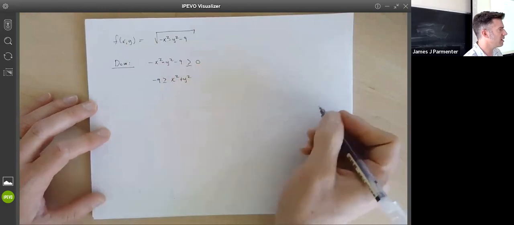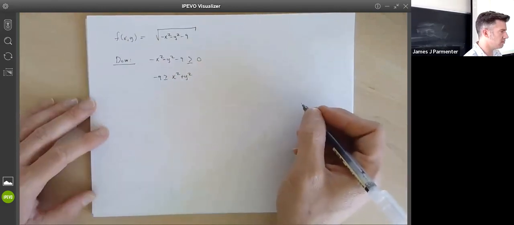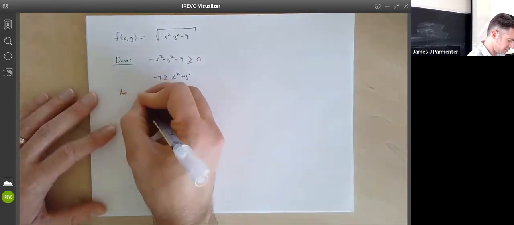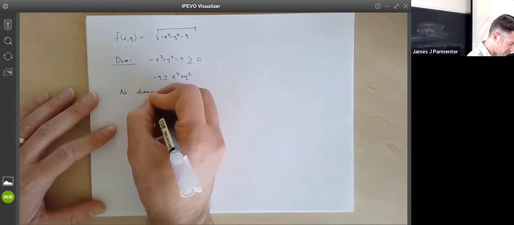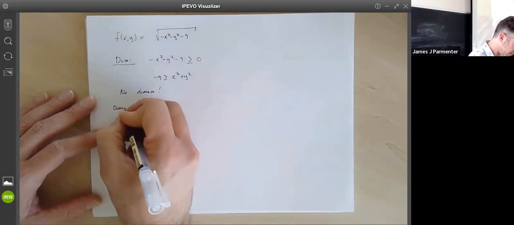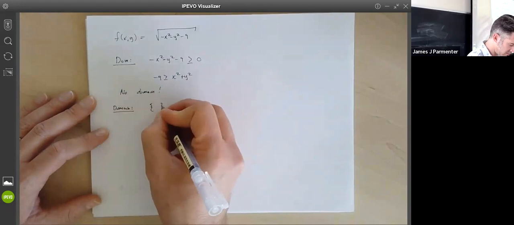And that's not going to work out. There are literally no values of x and y. There's no domain. So what is my domain as a set? It's the empty set.